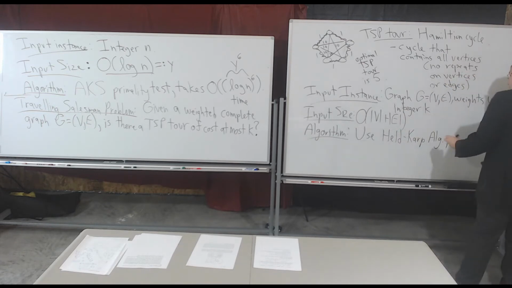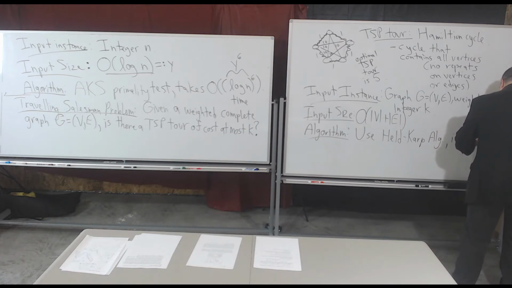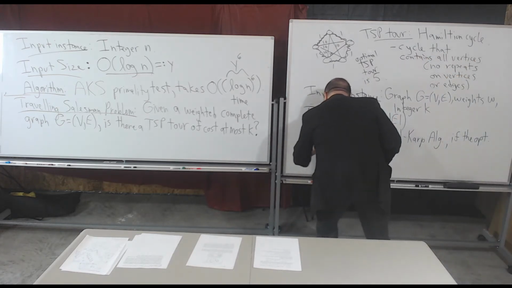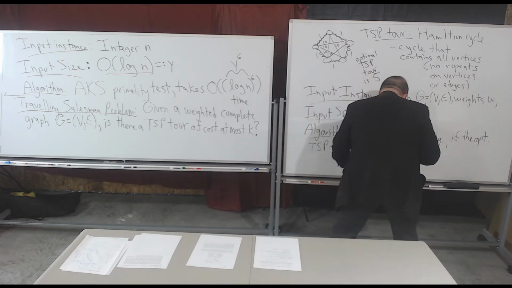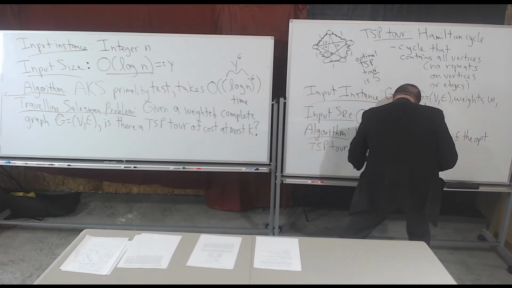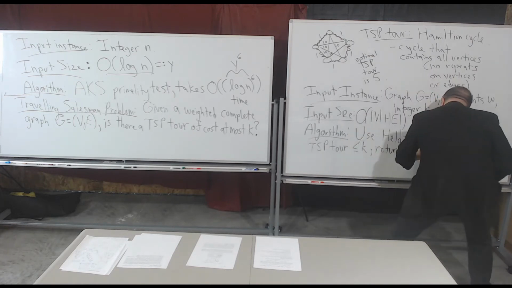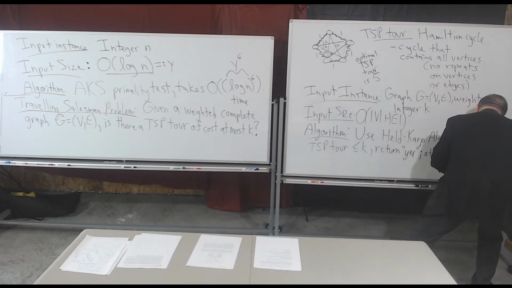And naturally you can just say if the optimal TSP tour is at most k, you're just going to return yes. Otherwise, return no.